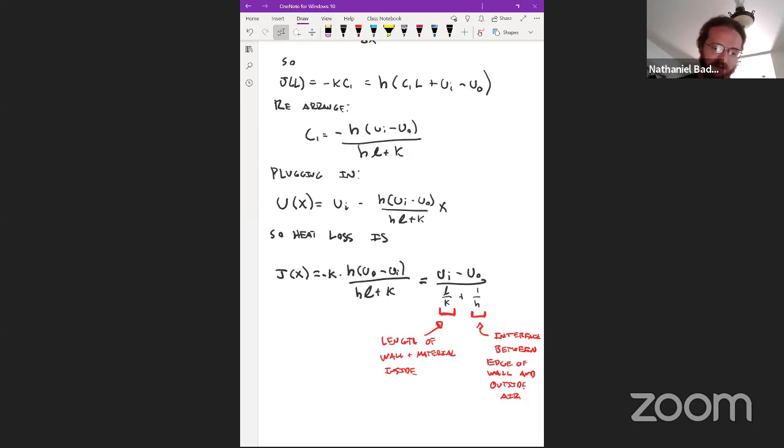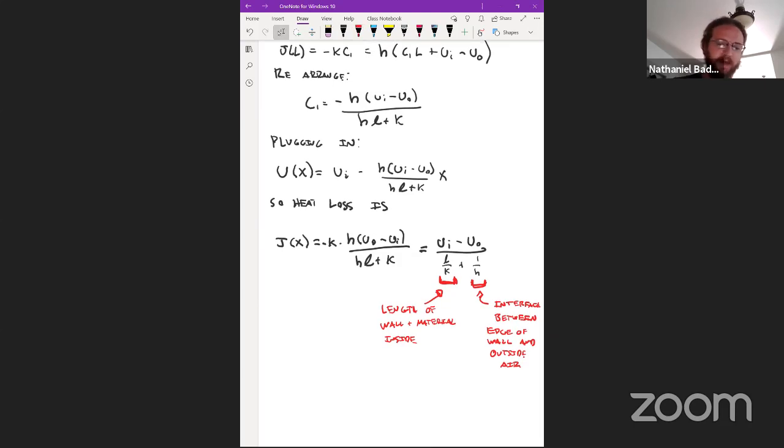So what this means is these are terms of thermal resistance. We can think about L over K and 1 over H as thermal resistances according to different processes.